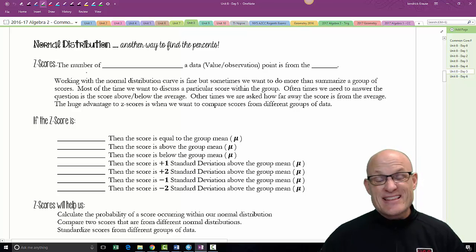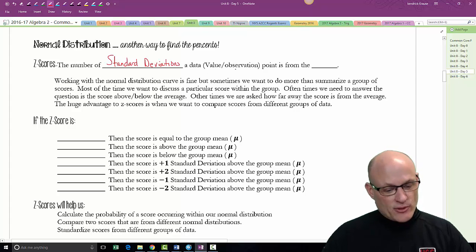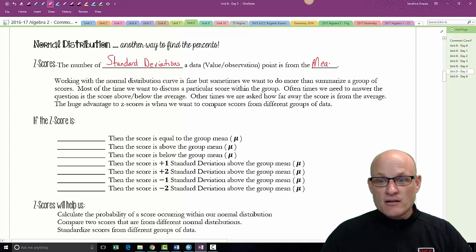So z-scores, the definition of z-scores, are the number of standard deviations a data value or observation point is from the mean.